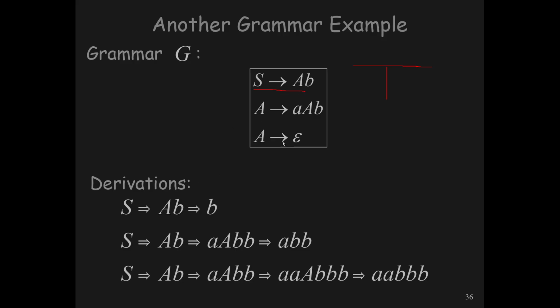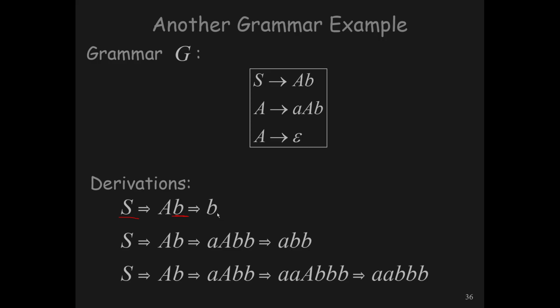And then A might produce empty, or it might produce capital A, A, B. Okay? So some of the derivations are S produces AB and then B. S produces AB, then AAB, and then the B from the S right here. And A produces empty, so you get ABB, right? And you can repeat this multiple times. Now, the thing that you cannot repeat, because you cannot access S anymore, is having this B at the end.